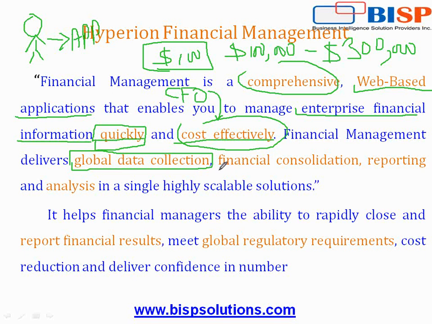And the keyword you're going to pay a lot of attention to today is financial consolidation. Reporting: Oracle claims it can do reporting. I say only 30% reporting can be done in HFM. Oracle claims HFM can do analysis. I say HFM cannot do analysis. And I'll prove it.